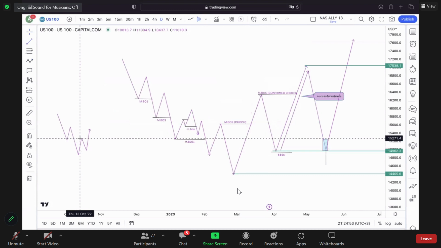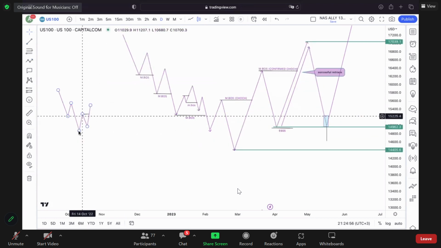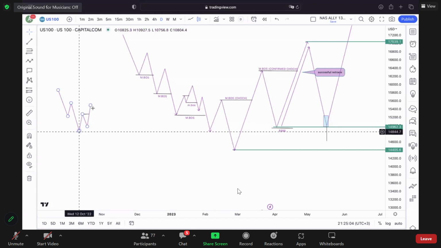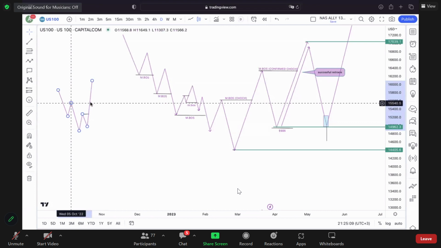It's not the high that created the lowest point in the market. This is the high that created the lowest point in the market. So in order for it to be a valid change of character, it needs to take out that high in order for it to change character.